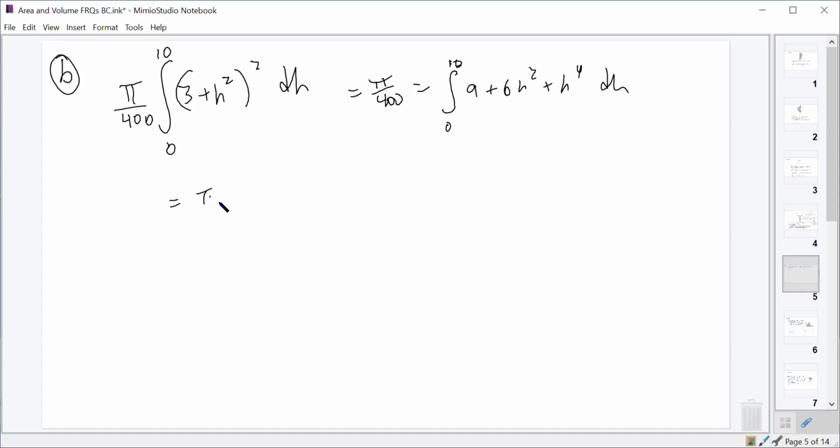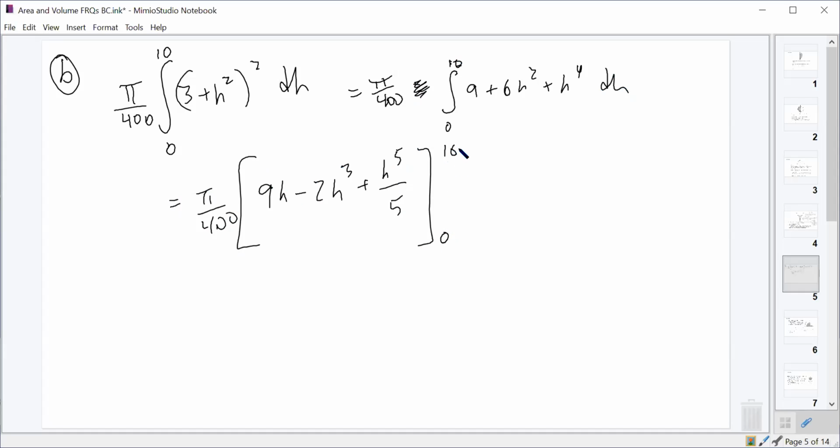That ought to be pi over 400 times 9h plus 2h cubed plus h to the 5th over 5, from 0 to 10. Arithmetic's a little bit of a pain there, but other than that, pretty straightforward.